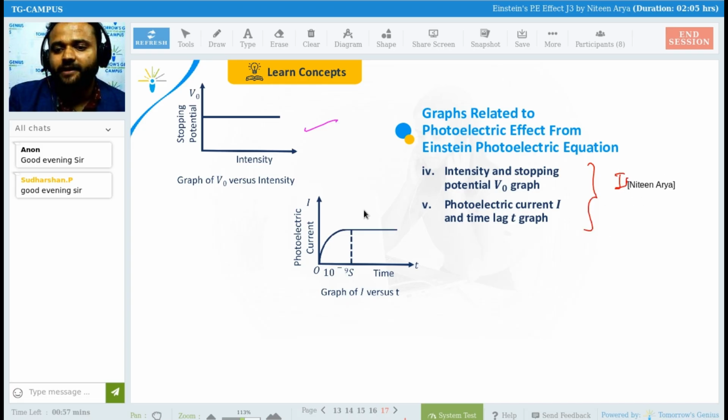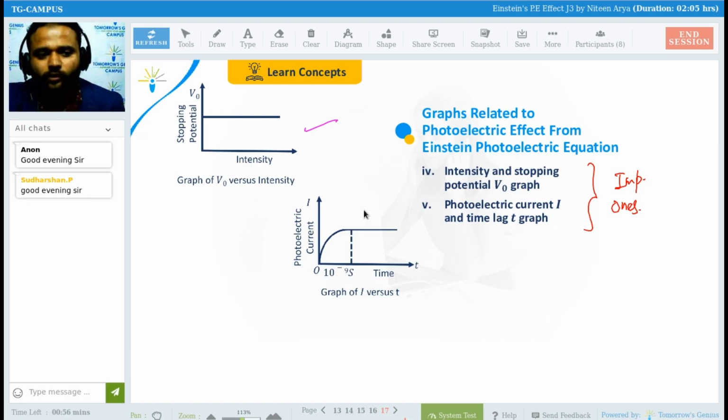You will see graphs like this, and the phenomenon is written over there, which particular phenomenon the graphs are based on. For example, diffraction, interference, photoelectric effect, resolving power, polarization, or energy spectra such as the Bohr energy spectra, which we are going to learn.